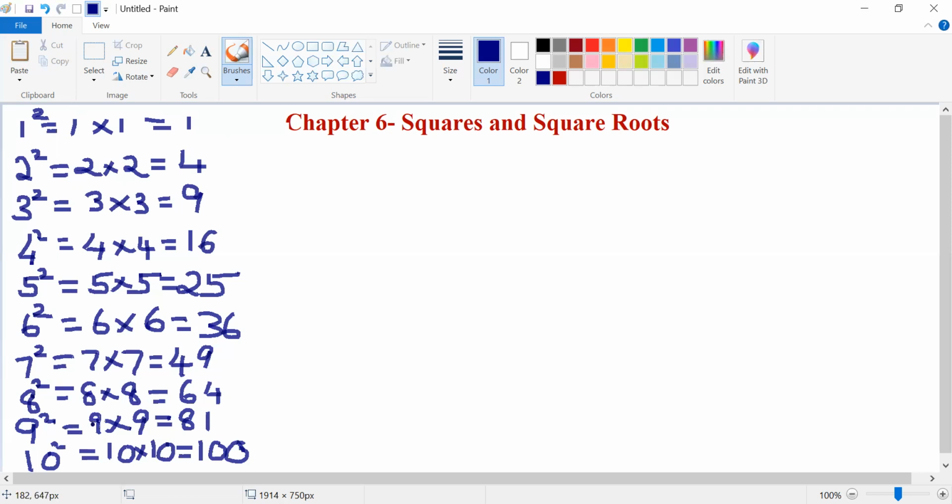Okay. Now, just observe the ones place digit of these numbers. So first 1, 4, 9 is one place only. Now here it is 6, here 5, here again 6, here 9, here 4, here 1, here 0, and these are one digit only.